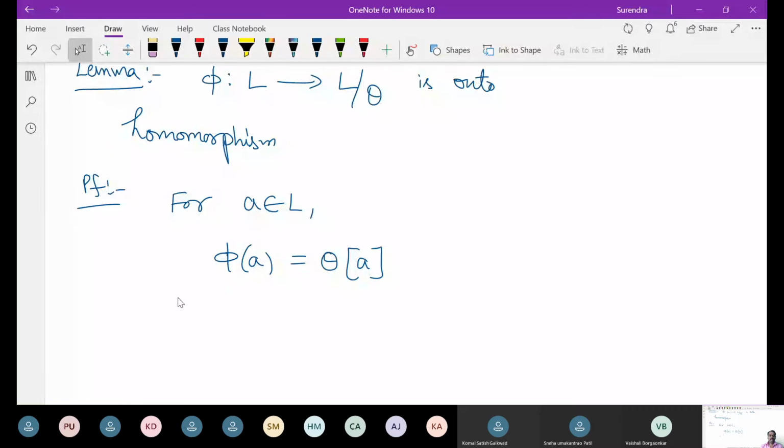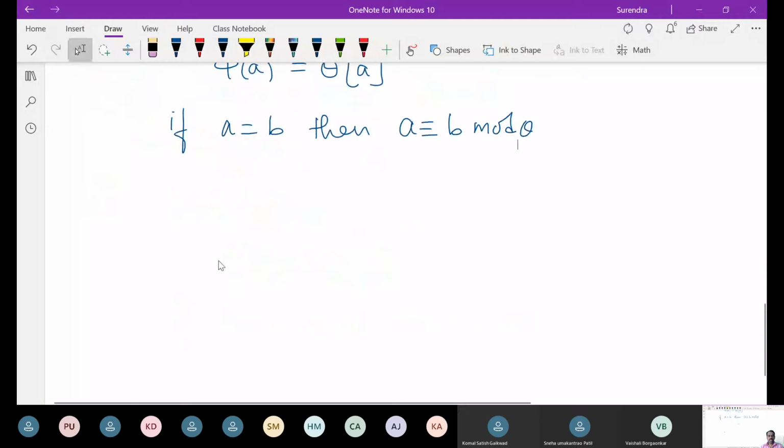That means if a is equal to b, then a is obviously congruent to b modulo theta, because they are actually equal. That is the same as saying that theta of a is the same as theta of b. So therefore phi is well defined.